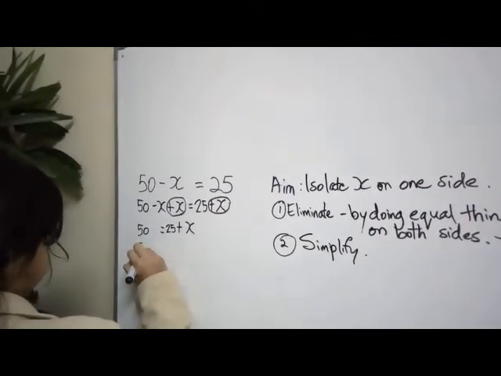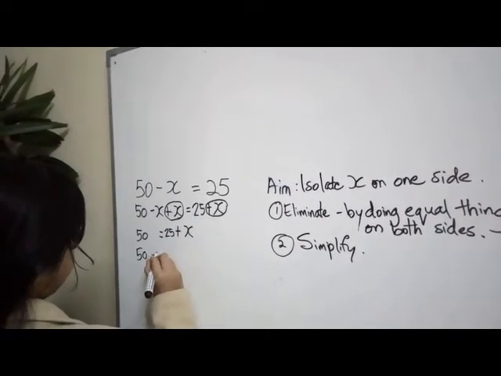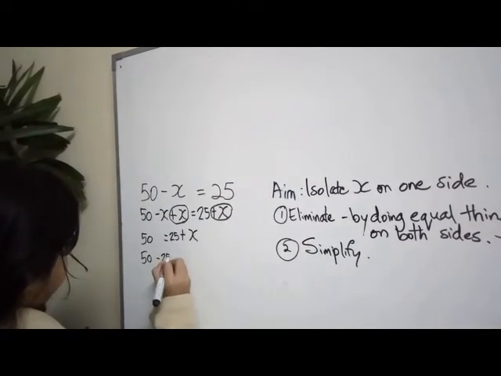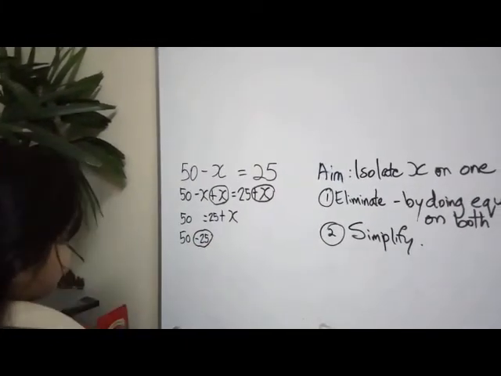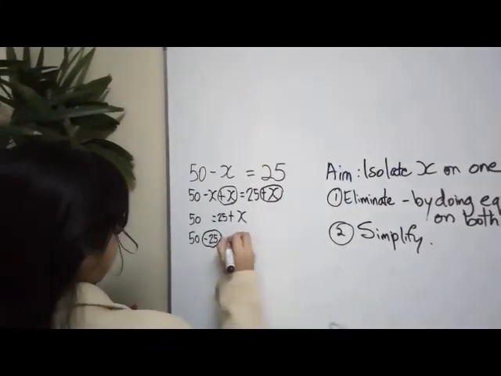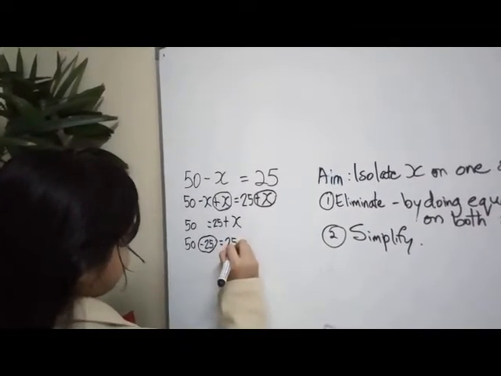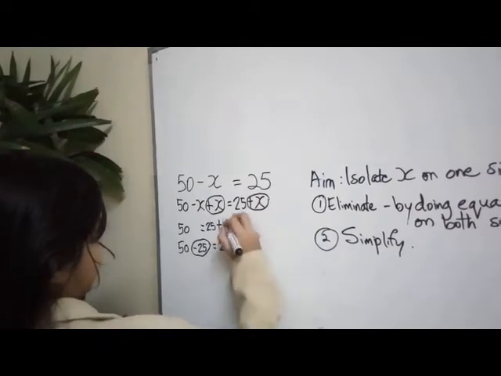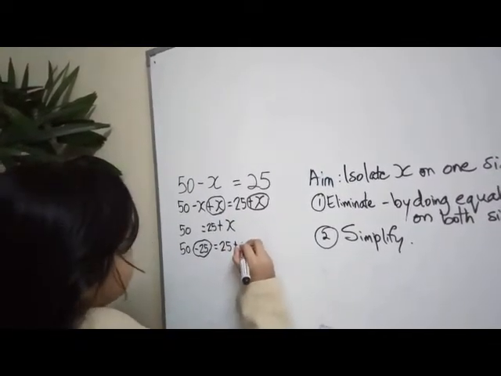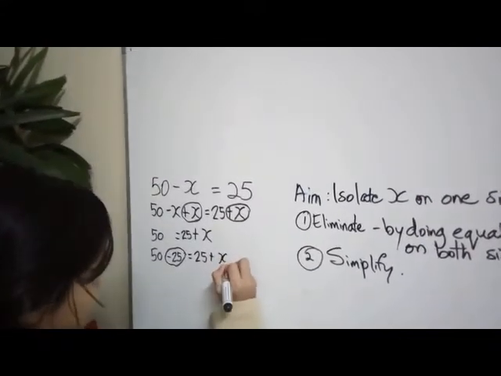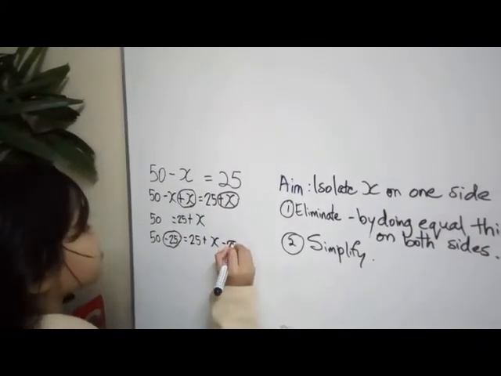Next row, 50 minus 25 equals 25 plus x minus 25.